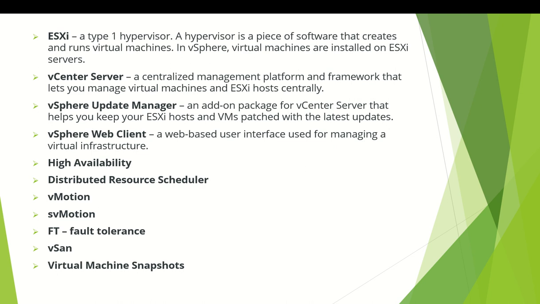With high availability enabled, whenever an ESXi host goes down or fails immediately due to some hardware issue, HA will migrate all the virtual machines on that failed host to the other host, and it will reboot the virtual machines.